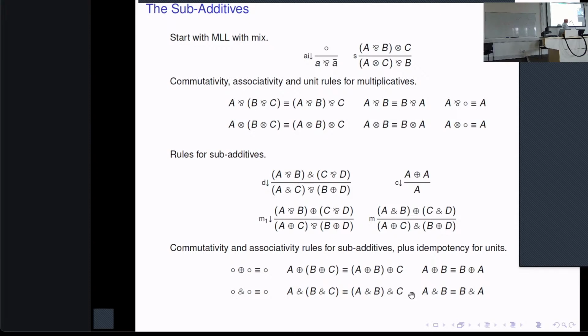So all of them are in this form. This one's quite interesting because it's self-dual, a bit like switch. So we have the additive conjunction, additive disjunction, and the distribution over each other, swapping things around and just swapping B and C in the middle.